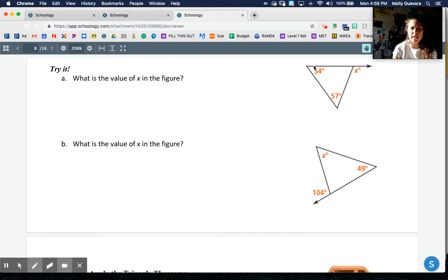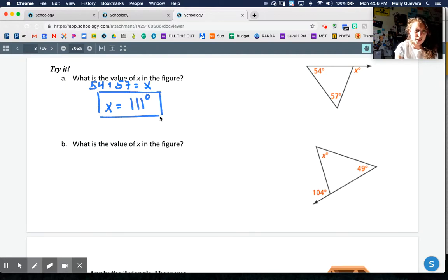In part A, I'm given the 2 remote interior angles, and I want to know the exterior. So the 2 remote interiors added together gives me the exterior. So I get that x is equal to 111 degrees. 54 plus 57 is 111 degrees.